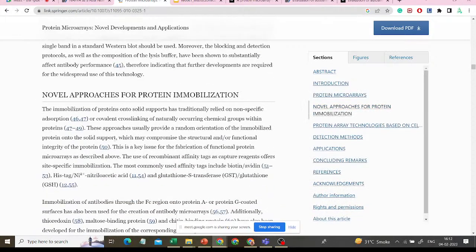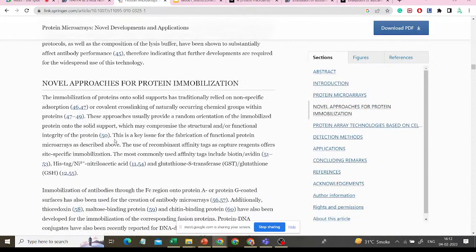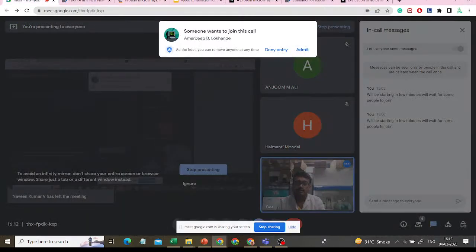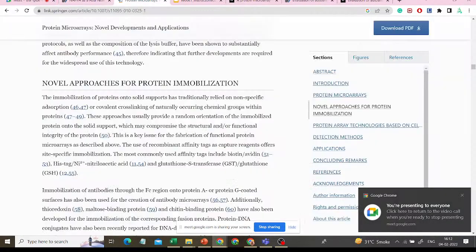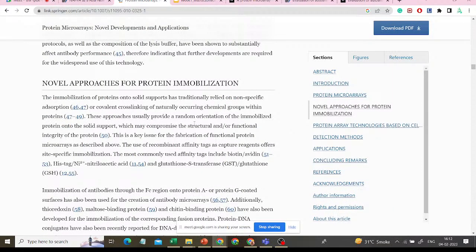Novel approaches. Then I told you about protein immobilization, like the DNA immobilization technique. Here different techniques are also there.